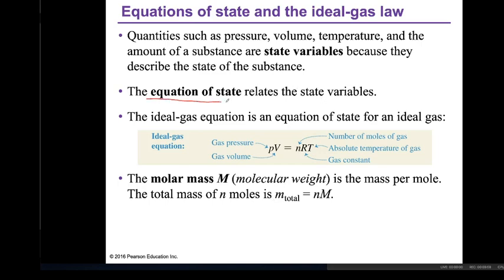The equation of state relates the state variables. So here we show the ideal gas equation. The ideal gas equation is an equation of state for an ideal gas. The equation is PV equals nRT.